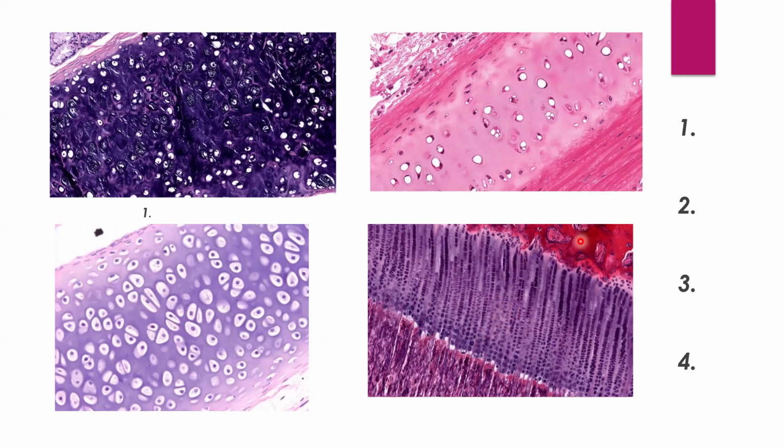So these are bone here, these are bone here, and this is an epiphyseal growth plate. You can actually appreciate the various cell layers: the resting zone, the zone of proliferation, the zone of hypertrophy, the zone of calcification, and then there's calcified bone. So these are the various cell layers of the epiphyseal growth plates.